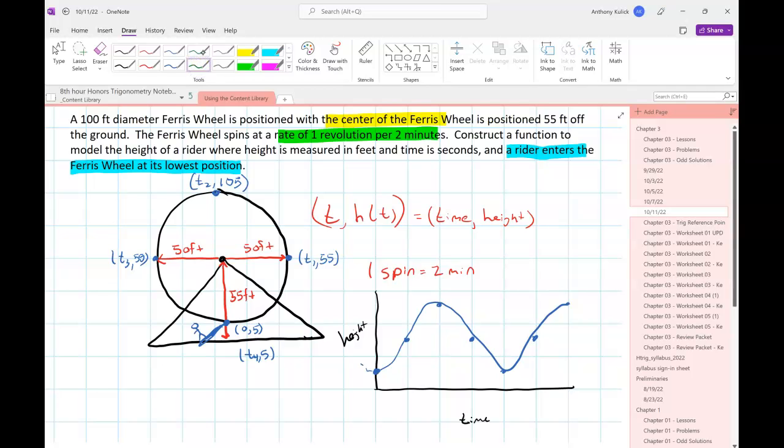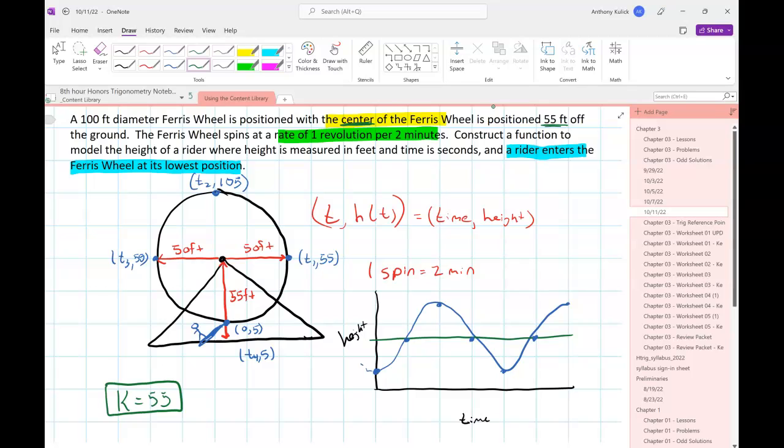So shortcutting this through, what's the value for K here? What is it? 55. That's good, right? The midline here is at 55. That's my value for K. So presumably, as long as it's at the center of the Ferris wheel, the height off the ground is going to be your k.